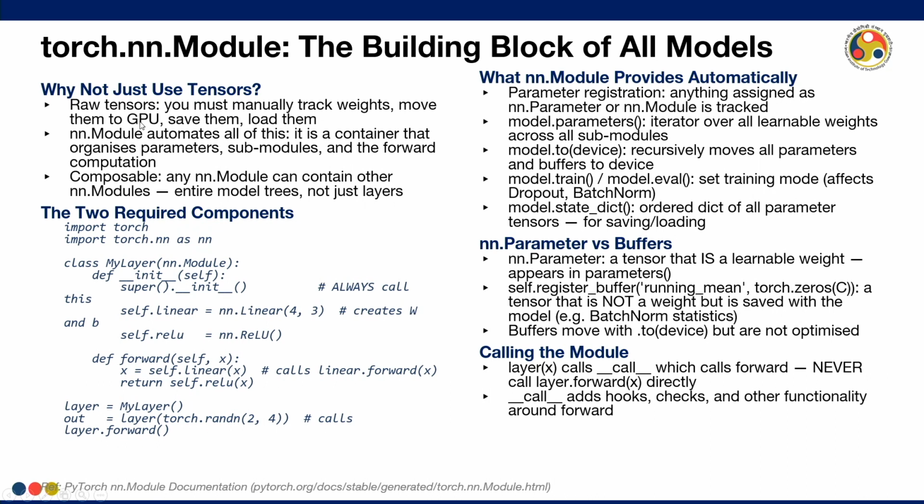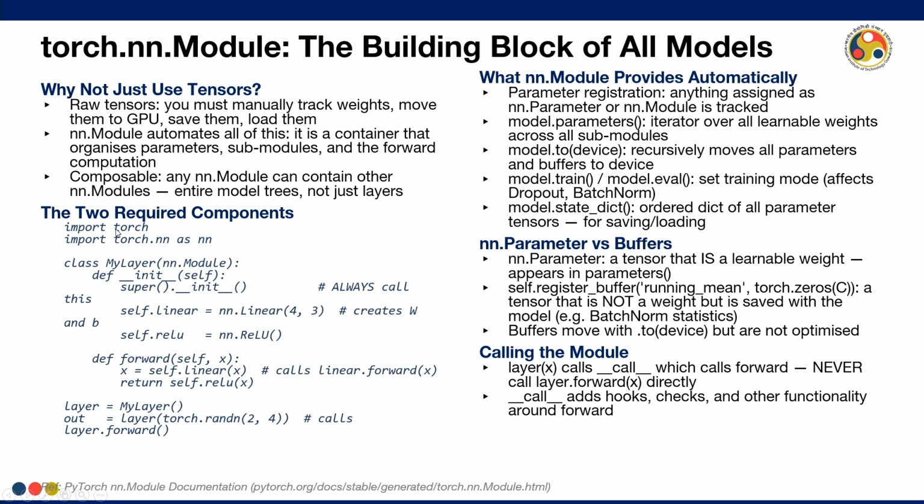We will not use raw tensors because we would need manual tracking of weights and moving to GPU and so on, but nn.Module will help to automate all these processes. It will help you to track weights, and it will help you to track where exactly the data lives and bring it from CPU to GPU RAM and so on. So here two requirements: import torch and import torch.nn as nn.